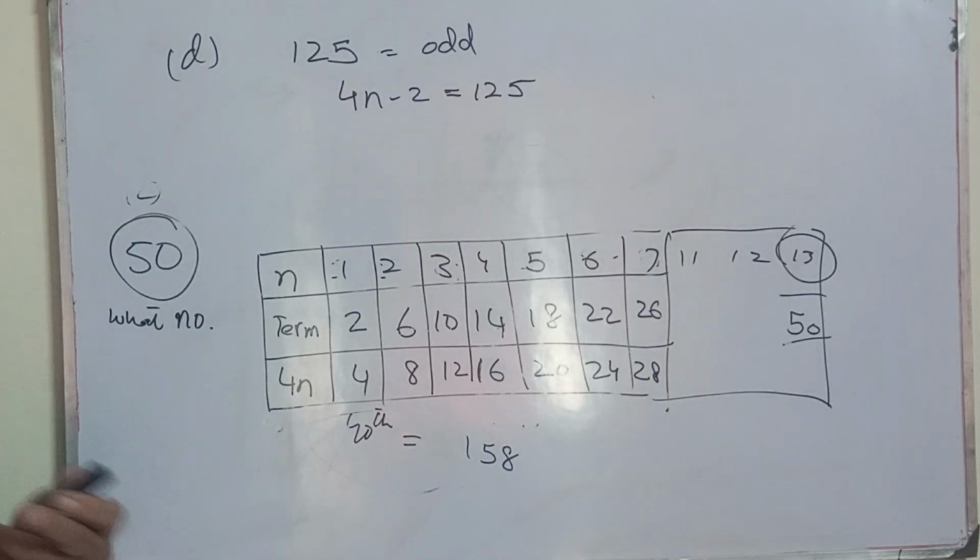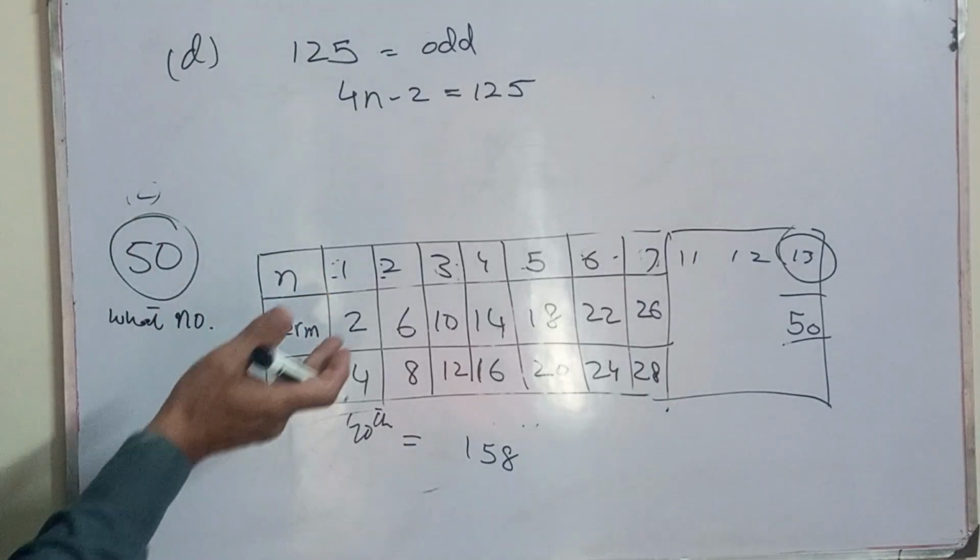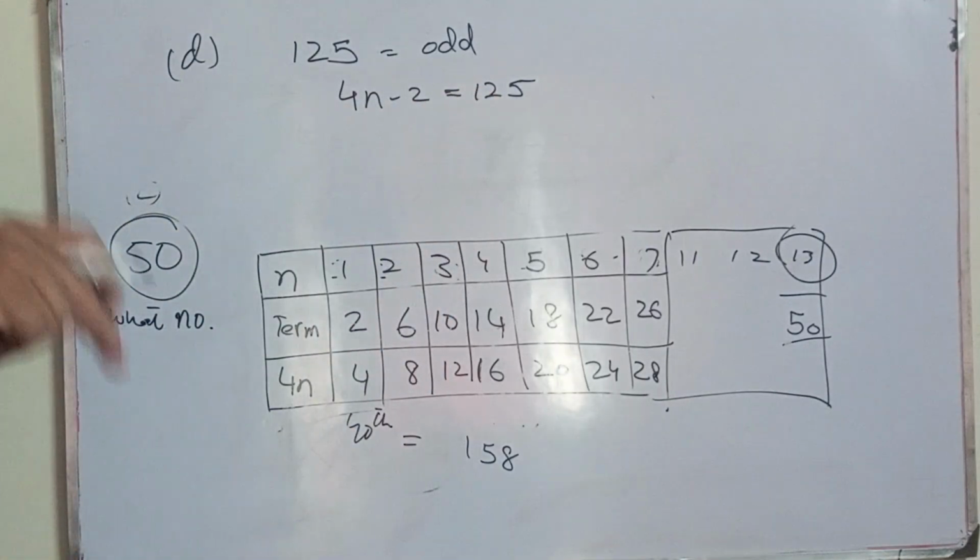Just assume that the number is in the sequence. So we have to prove that it is in the sequence.